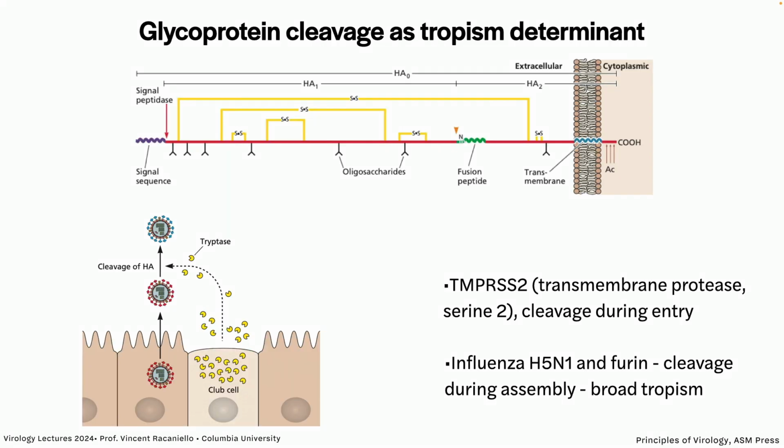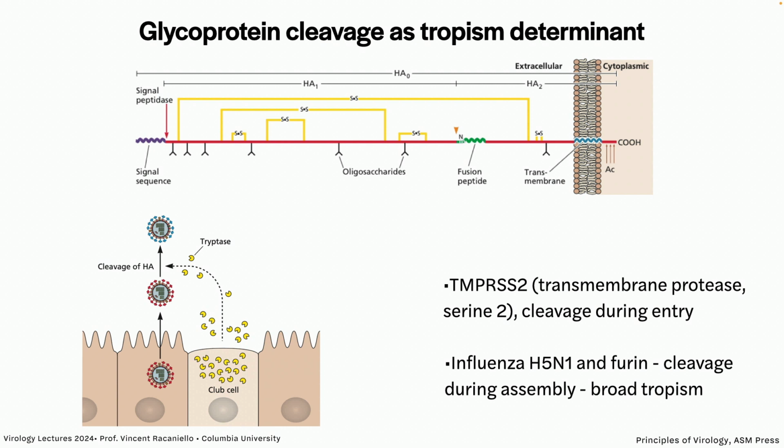Here's an example of a tropism determinant. In other words, something that regulates where a virus is going to reproduce. It's cleavage of the spike glycoprotein of the virus. We've talked a lot about spike glycoproteins. You should understand what they are. And here's the hemagglutinin of influenza virus, shown here as a red line.